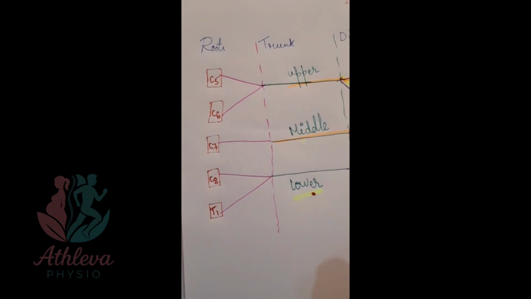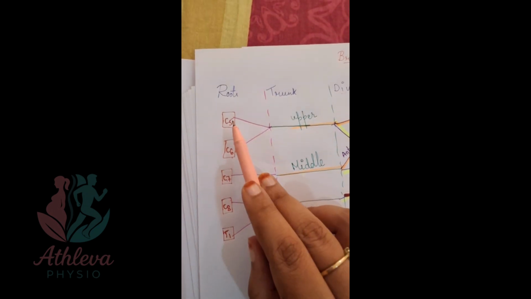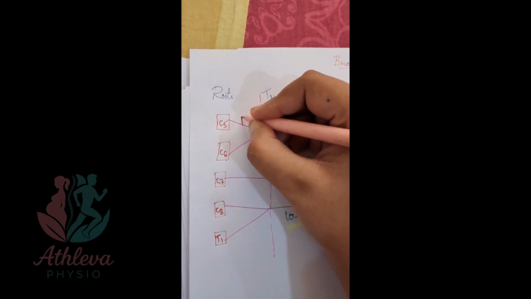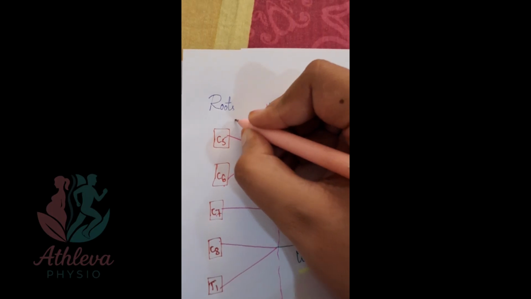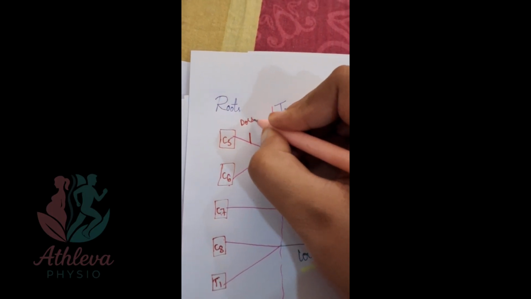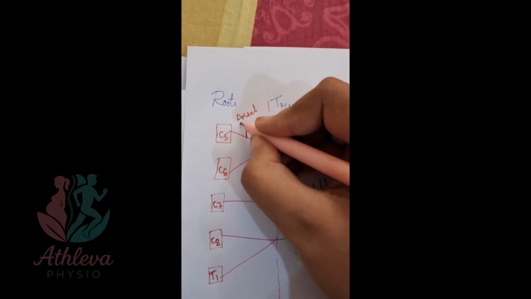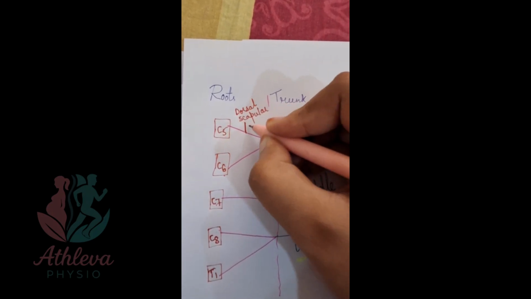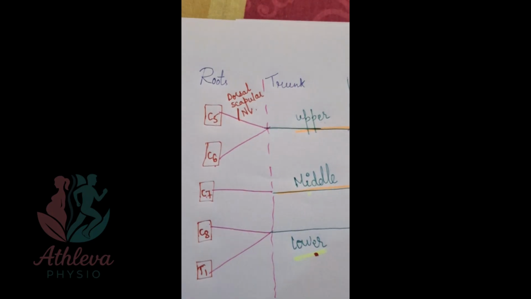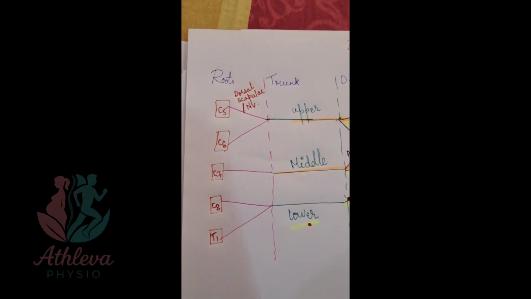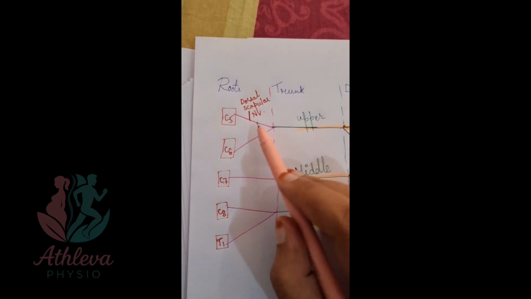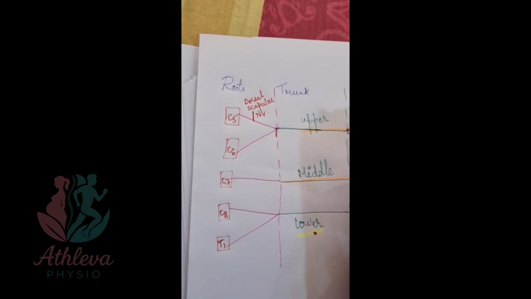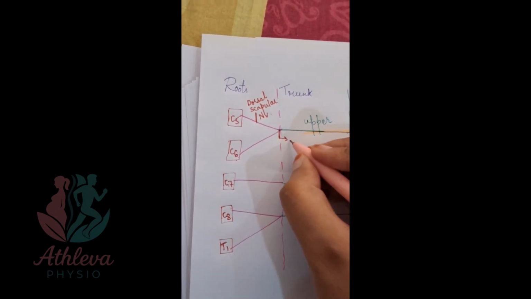Next, there are other branches. So C5 will give a branch called the dorsal scapular nerve. C5 and C6 will give another branch called the nerve to subclavius.